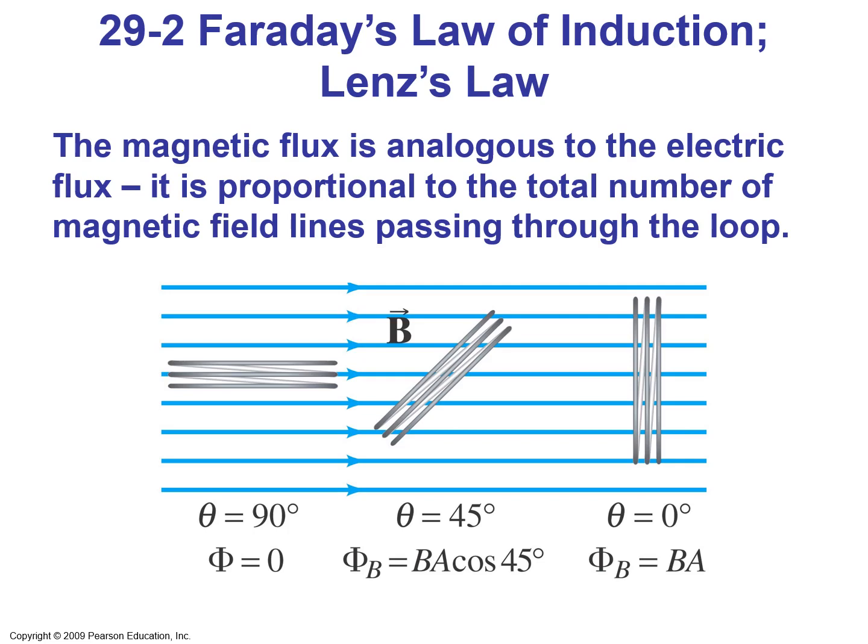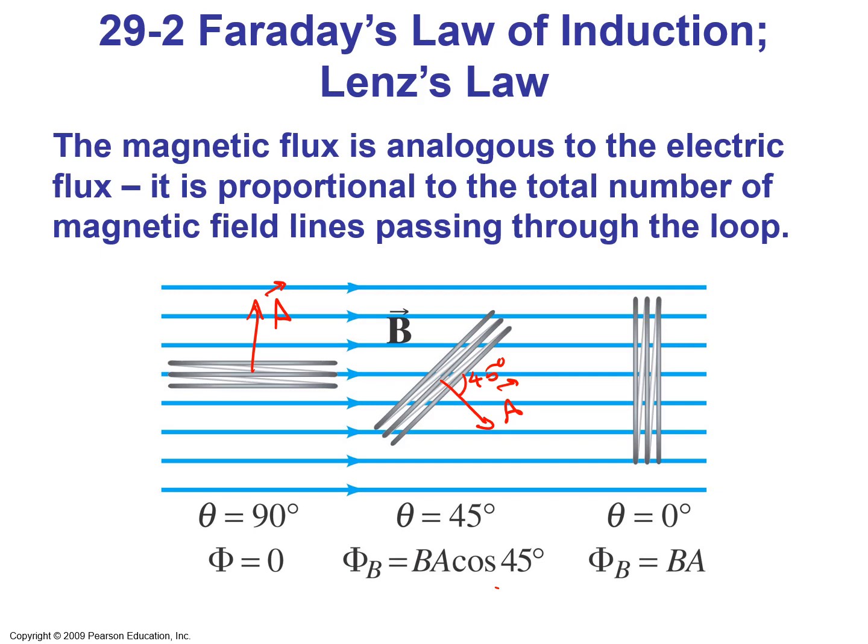As you see here, if the loop is parallel to the magnetic field, or the normal vector to the surface is perpendicular to the lines of the magnetic field, there is no flux. But if the angle between the normal to the surface A and the lines of the magnetic field is 45 degrees, the flux will be B times A times cos 45.